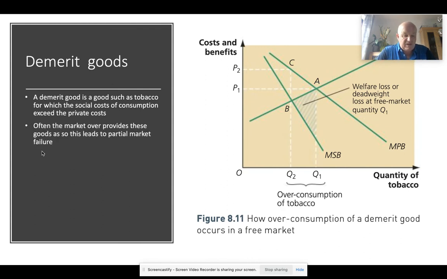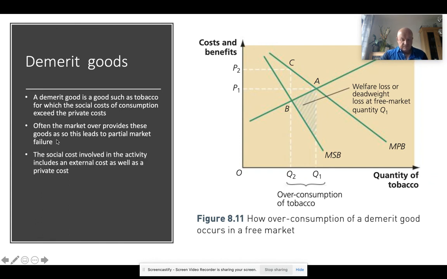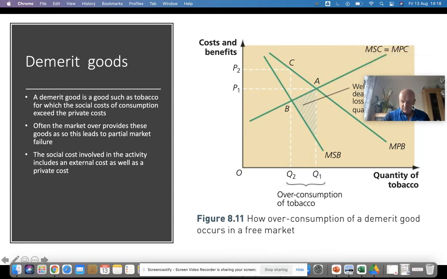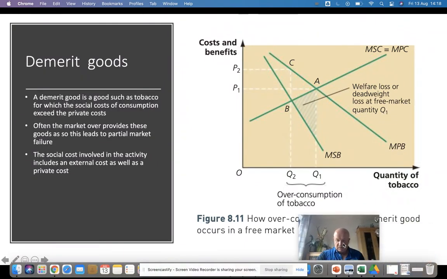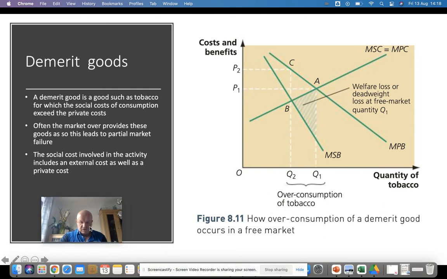Well, thinking about this as a scenario, if the market was clearly willing to supply at a higher level, that might lead to an overproduction or an overconsumption of goods, and that could also lead to possible market failure. So we're trying to get to the point where marginal social cost and marginal private cost are the same.